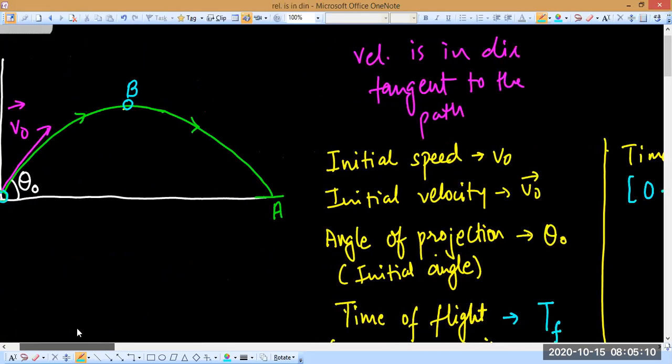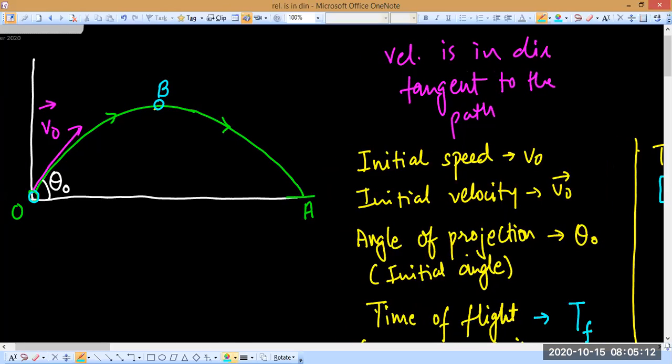And then two very easy terms. This height from here is called maximum height, capital H. Everyone, do not use any other symbol, you will get confused.